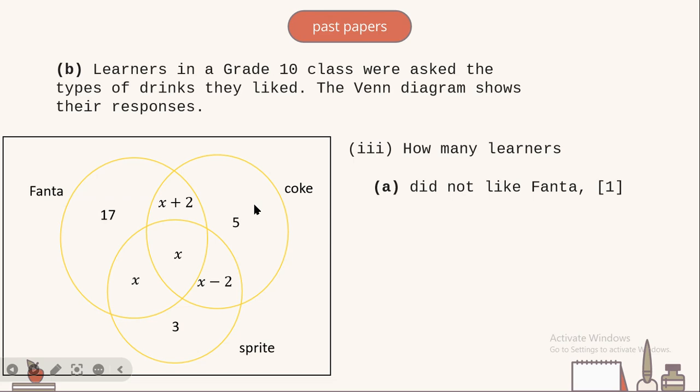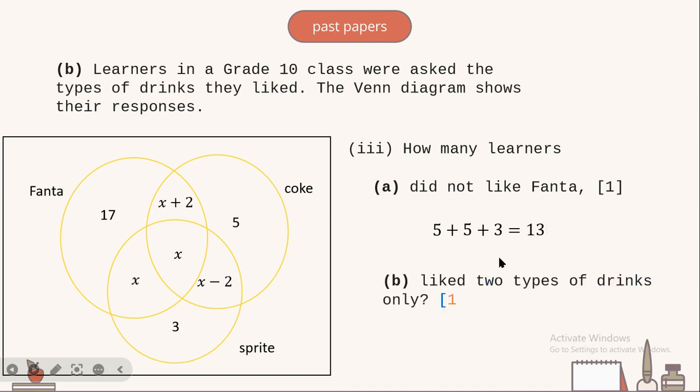So here they are looking for learners who did not take Fanta. So just add those that are not in this circle of Fanta. So this here, 7 minus 2, it is 5, right? So 5 plus 5 plus 3. So it is 13.